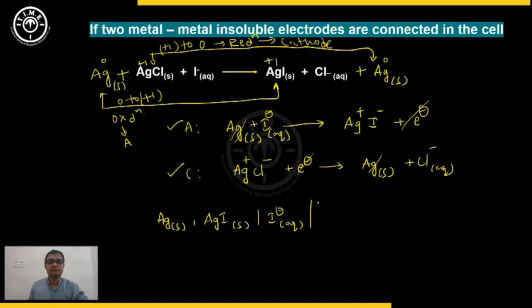Then two vertical parallel lines, the salt bridge. Next, Cl minus ion, aqueous, the electrolyte, connected to AgCl, which is solid, and this is connected to the silver wire. So this is the cell notation of this electrochemical cell. This is the way you have to know.